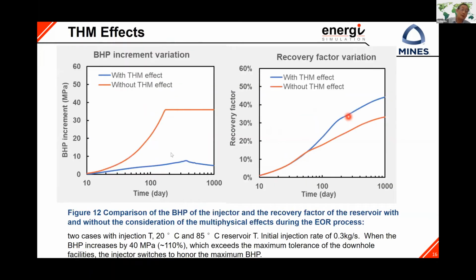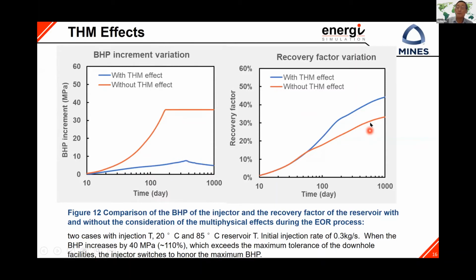Here we look at bottom hole pressure with or without the fully coupled THM impact. Here you ignore thermal and mechanical impact. The injection pressure for the same injection rate is very high. But if we use a real physical model considering thermal and mechanical effects, the bottom hole pressure, the injection pressure, is relatively low.